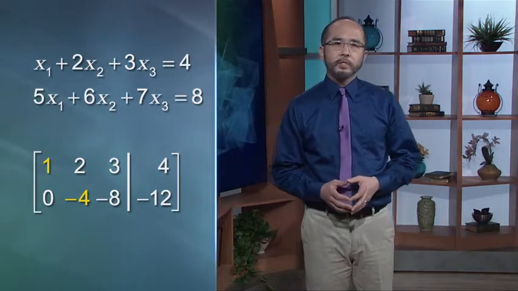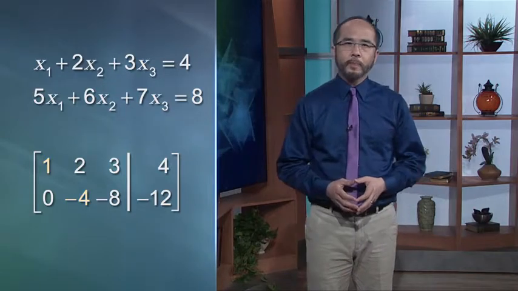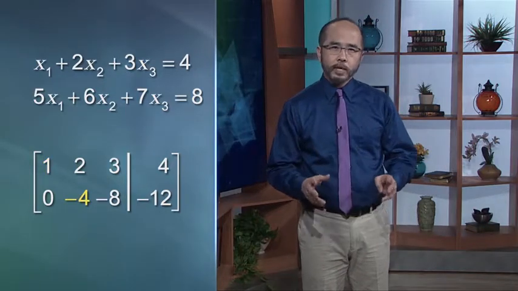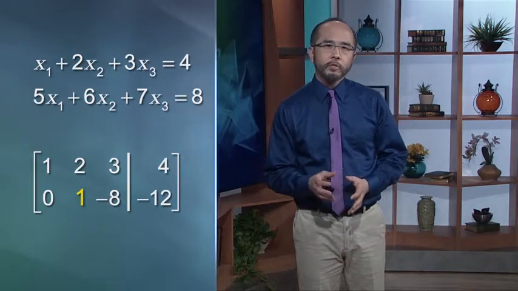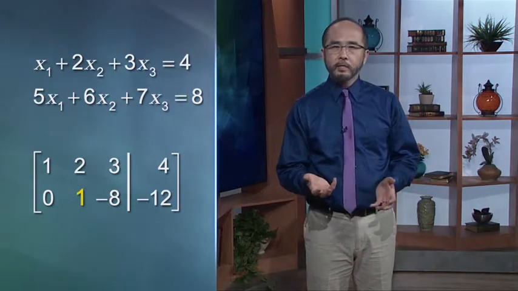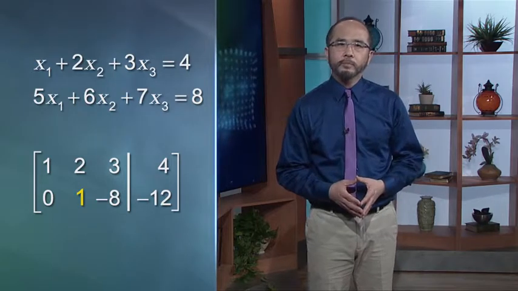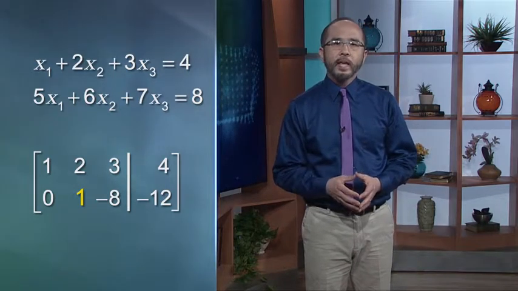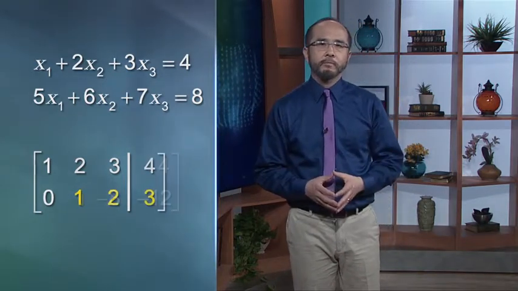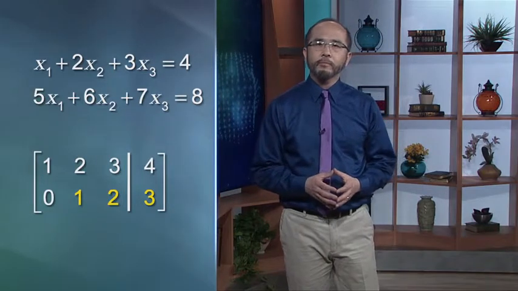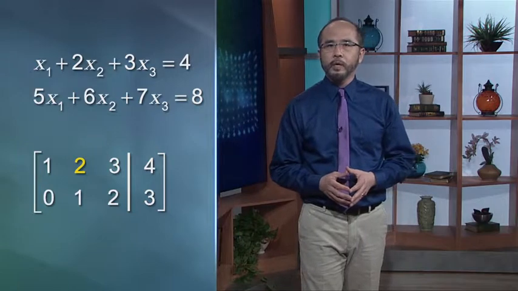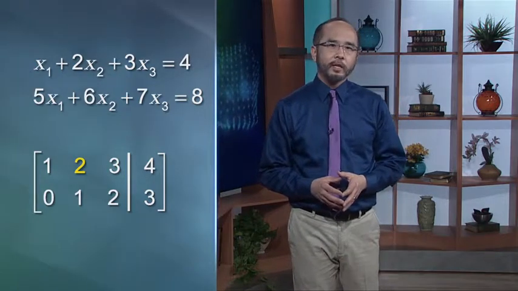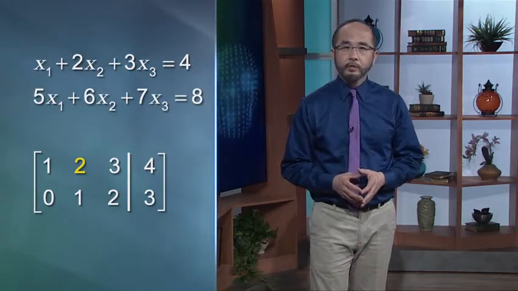Next, we try to turn this into reduced row echelon form. We can change the minus 4 entry into a 1 by multiplying row 2 by a constant, in this case, minus 1/4. If we do this, we obtain this matrix. Finally, we need to zero the entry in row 1, column 2, because it is in the same column as row 2's leading entry.